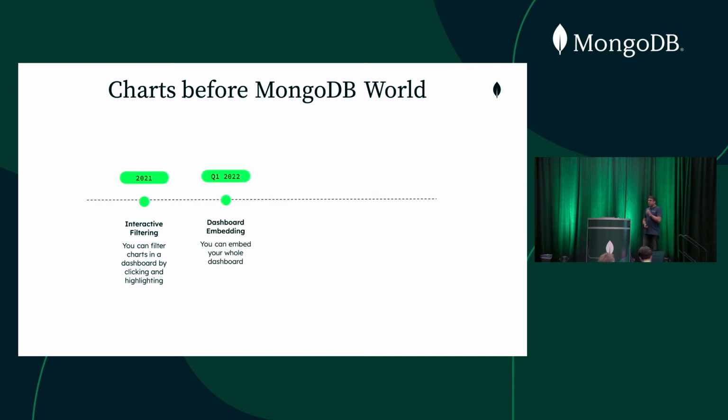Then we realized that a lot of our users used embedding for a single chart, and when they have to embed multiple charts, it is a bit of work. So we released dashboard embedding, where you can embed a full dashboard within your app or website.